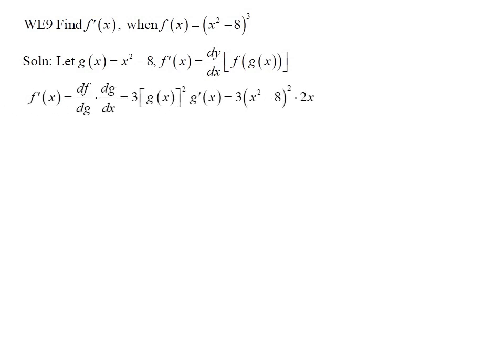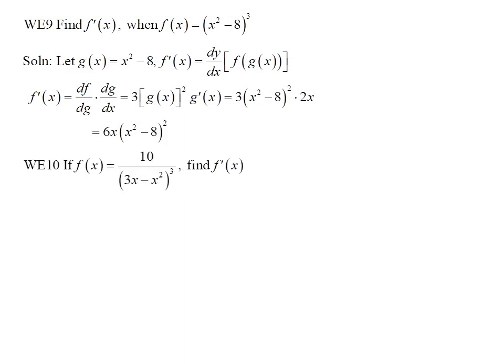According to the chain rule, f'(x) equals df/dg times dg/dx. Hence, f'(x) equals 3 times (x^2 minus 8) squared, times 2x, which is simplified to 6x times (x^2 minus 8) squared.